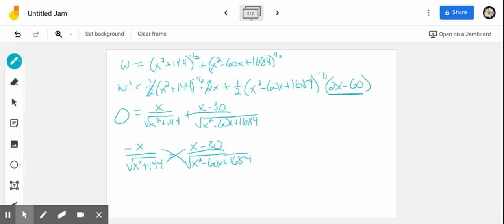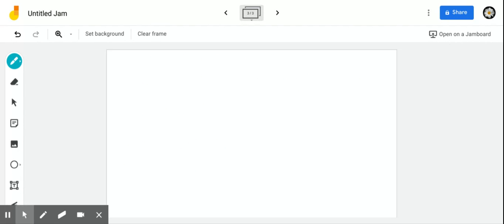Okay, this is a proportion. I'm going to cross multiply. I'm going to go ahead and start this on a new piece of paper, but that's what's happening here, cross multiplying. All right, so this gives me negative x times the square root of x squared minus 60x plus 1684 equals x minus 30 times the square root of x squared plus 144.